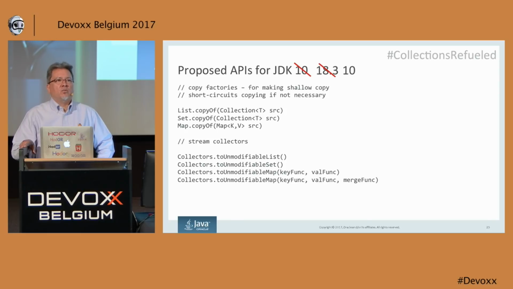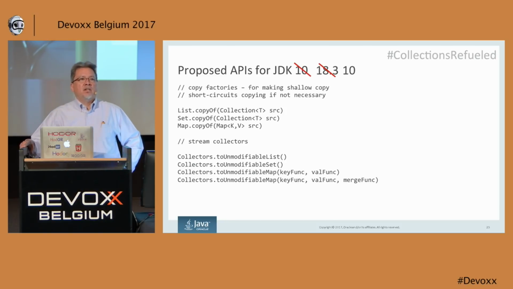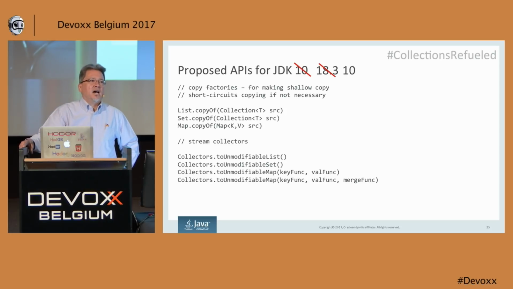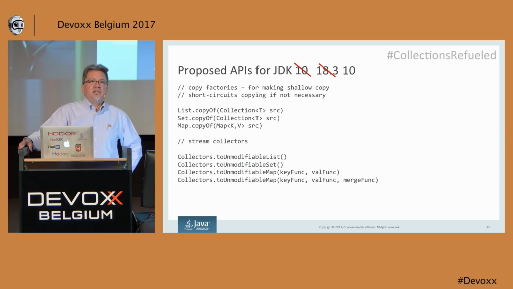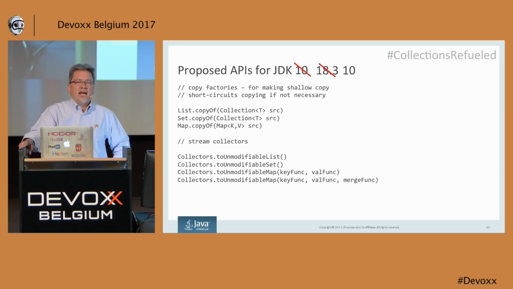In addition, we are also proposing to add some new collectors to the Streams API. So you might not want to pre-compute a collection. You might want to have a stream that computes some number of elements, and you might want to collect them into a list or set or map. But what the existing collectors do is return an ArrayList, a HashSet, or a HashMap.